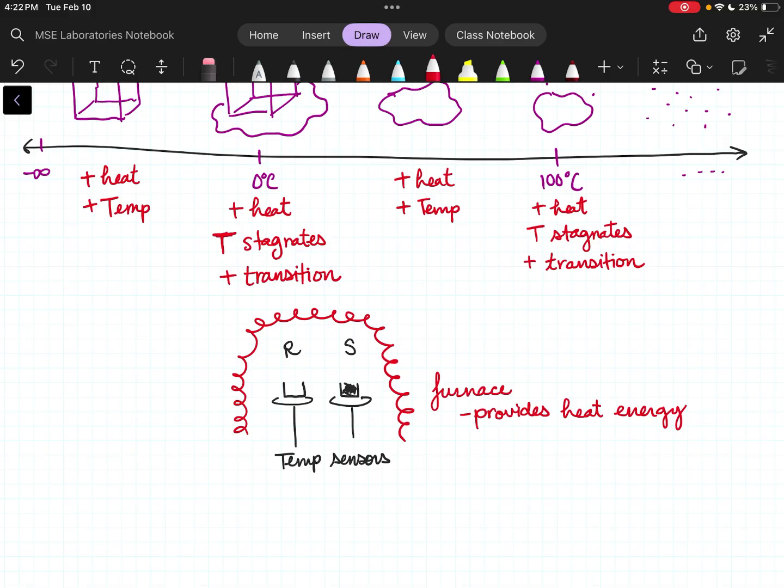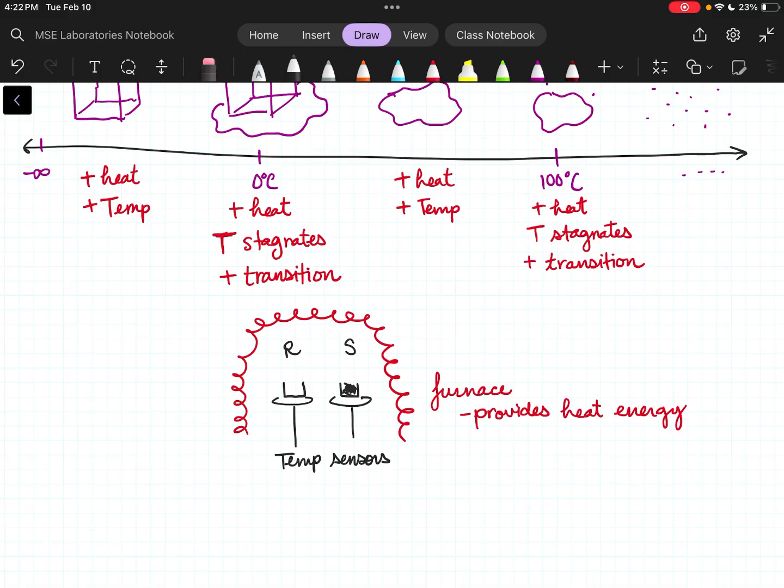Okay, so that furnace is providing heat energy. The sensors underneath the pans are measuring the temperature. And ta-da, we have a DSC. We can compare how the temperature changes in my reference versus how it changes in my sample crucible.